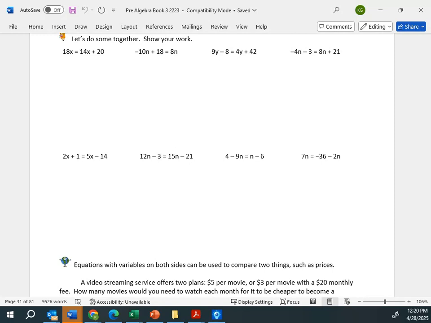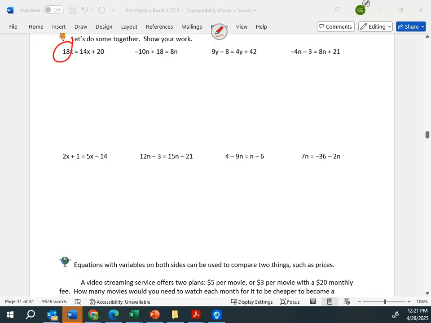You're right, I am going to use opposite operations, but with what part? Well, I have 18x on one side, 14x on the other side. So which one am I going to move? Why would I move the 14x? 18x is over here all by his lonesome, right?